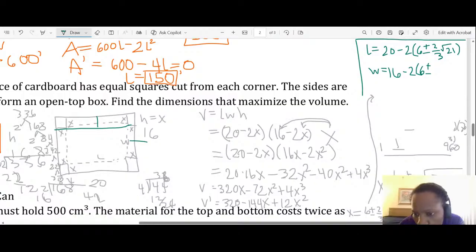Okay, so let's keep going. I did 2/3 square root of 21.